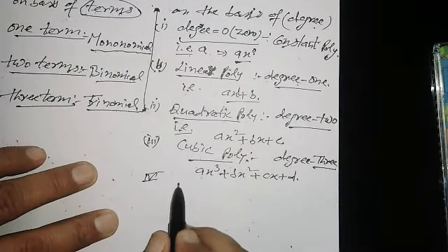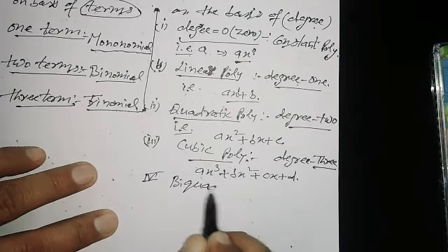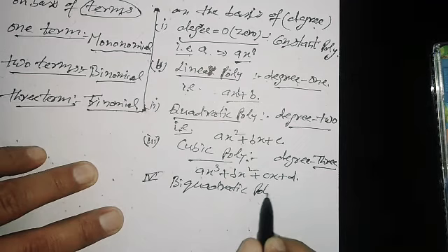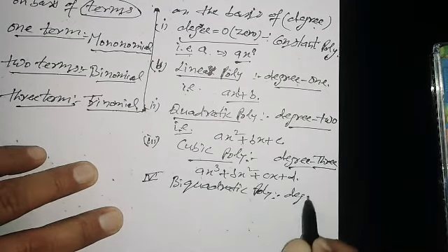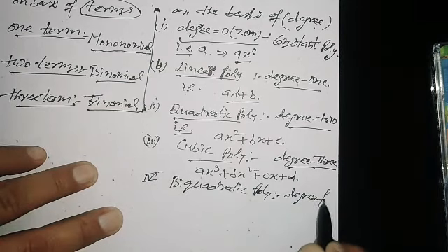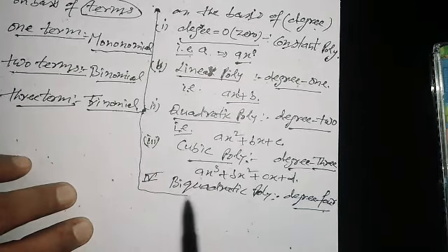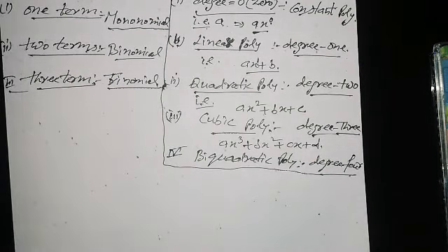Another, you can say biquadratic polynomial. If it has degree 4, so you can make a list of these type of polynomials, and also you can remember with the help of these terms or these degrees.